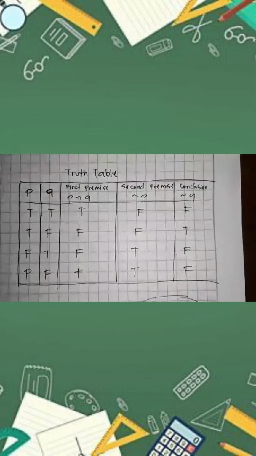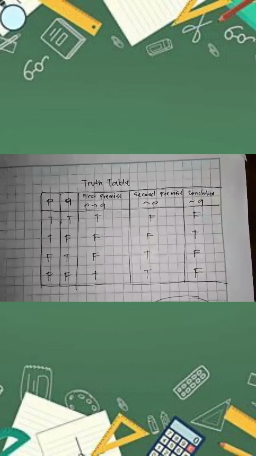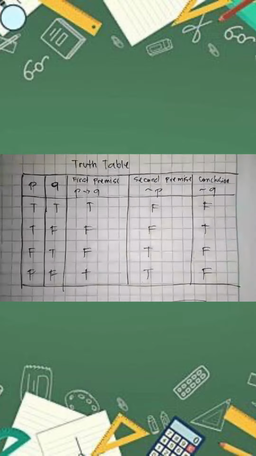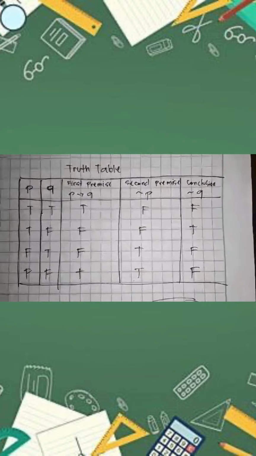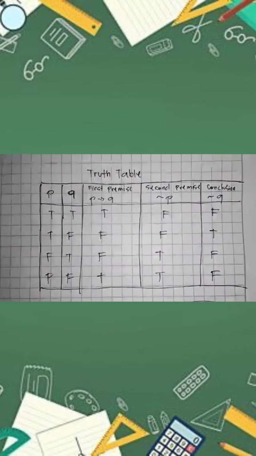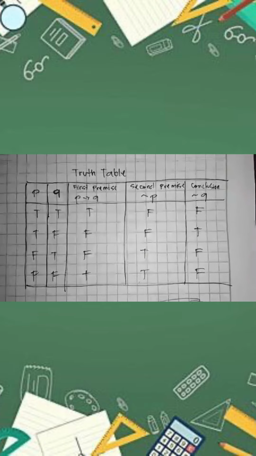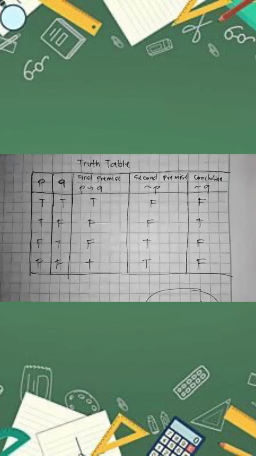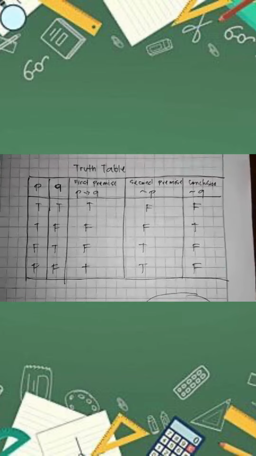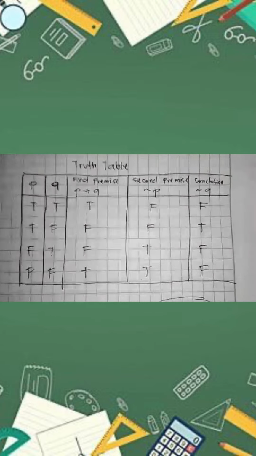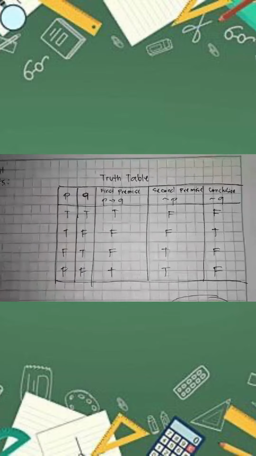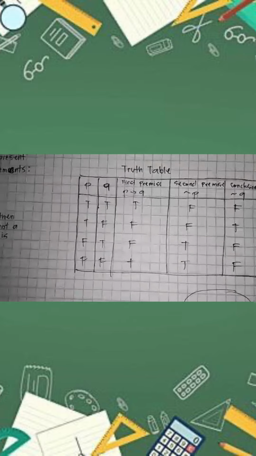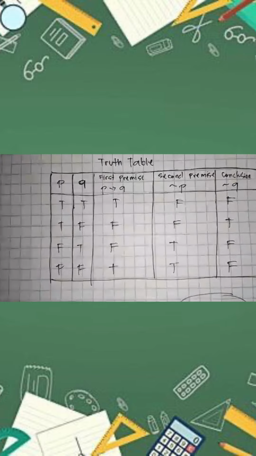So here is my truth table. As you can see, I have the P, Q, the first premise, which is the if P then Q, the second premise, the negation of P, and the conclusion, the negation of Q. And in the P, I have two truths and two false.